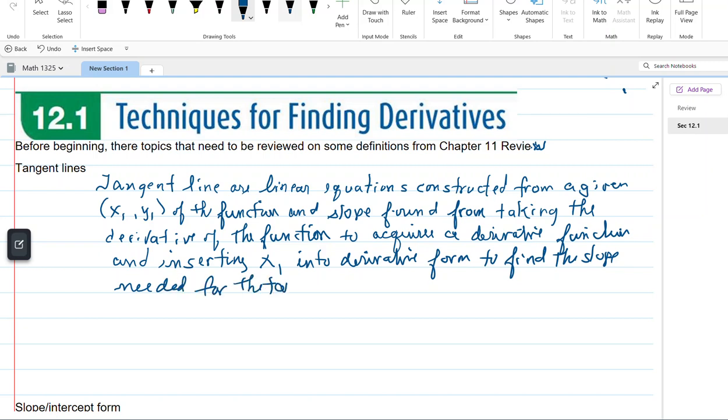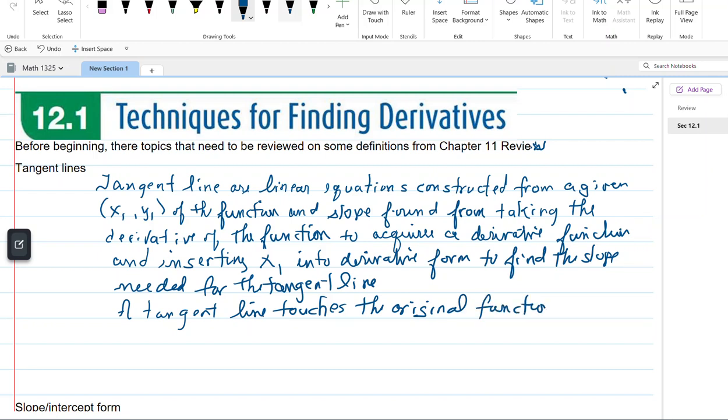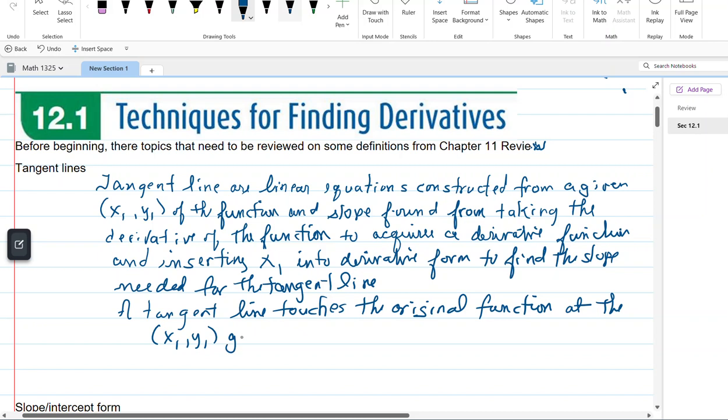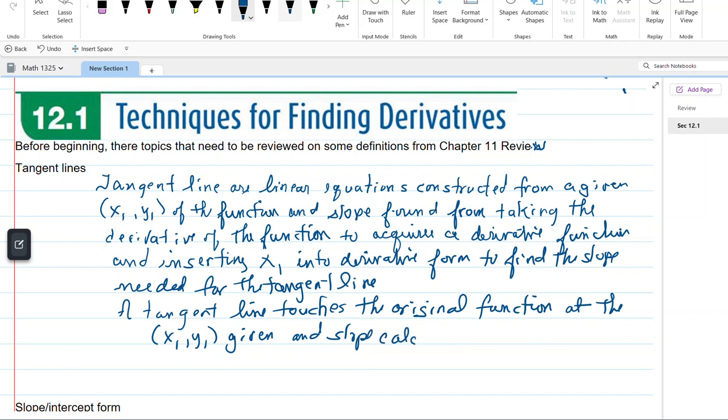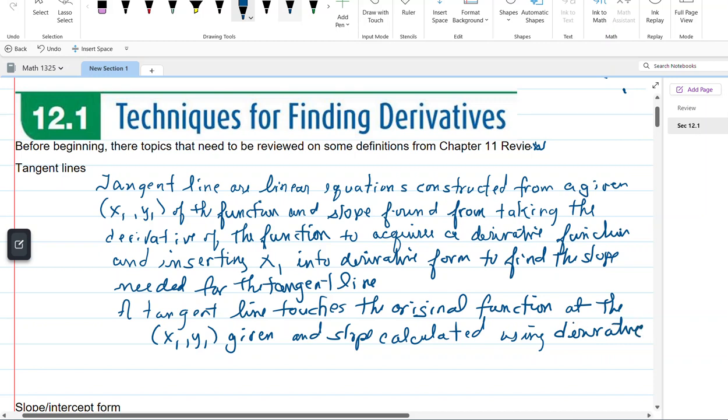The tangent line touches the original function at the given point (x sub 1, y sub 1), and the slope is calculated using the derivative of the given function.